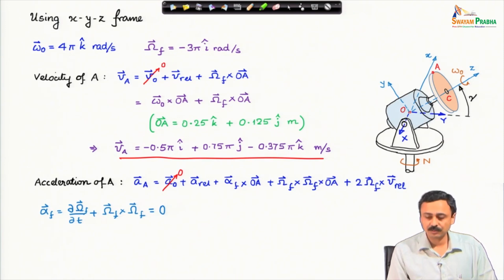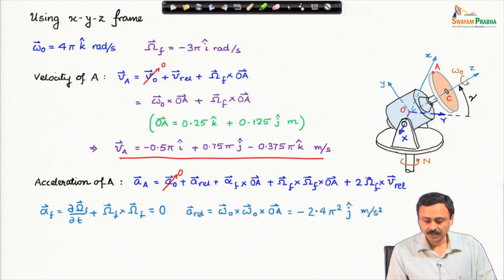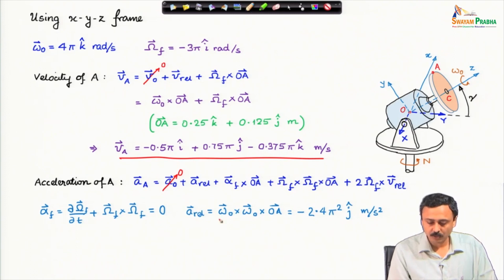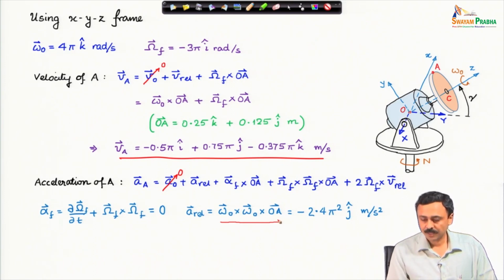The angular acceleration of the frame is 0 in this case, and A rel we have discussed. We already know V rel, we want to know A rel. A rel will have a centripetal term, and there is no tangential term because omega naught vector has a constant magnitude.